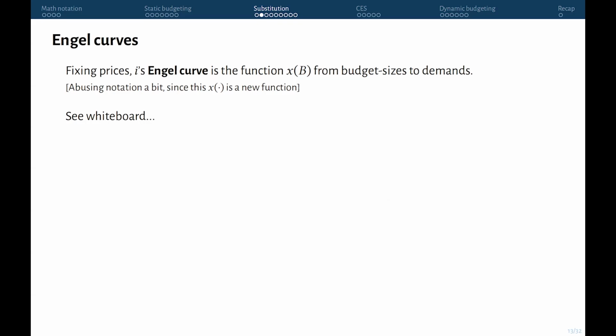So for instance, let's say we're just thinking about some particular good. We'll trace out the Engel curve for some particular good. Each good will have its own Engel curve, and the overall Engel curve will just be how the vector for all the goods changes when the budget changes. But let's say we're thinking about the good of trips to Barbados.